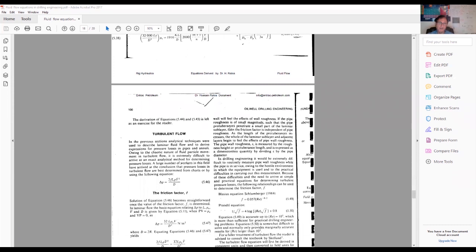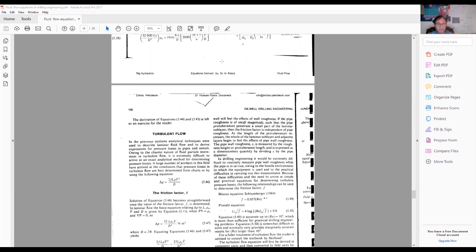Now we're going to come to turbulent flow. So if your critical velocity calculated above shows that the flow is turbulent, in other words, your average velocity, which is Q divided by area, is 200 and your critical velocity is 100, then obviously the average velocity is more than critical, so the flow must be turbulent. That can be quite hard and difficult to calculate.